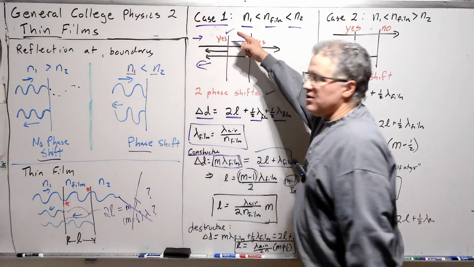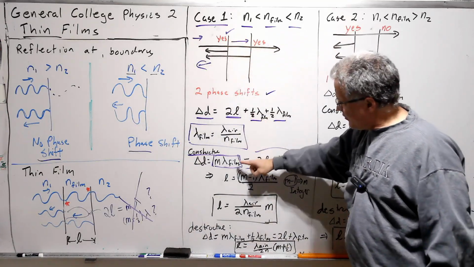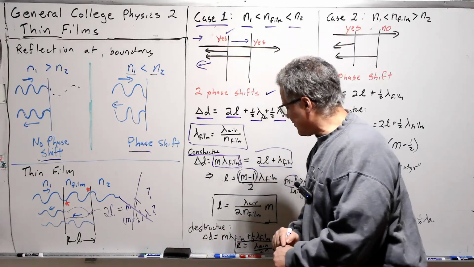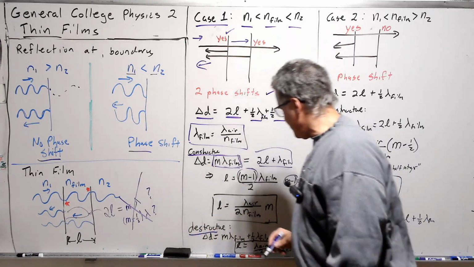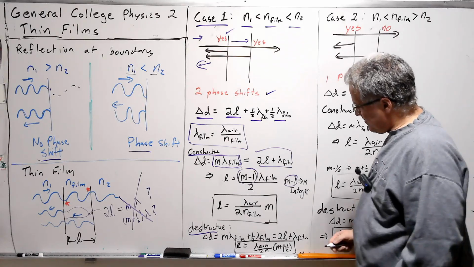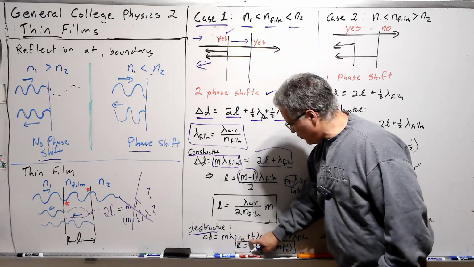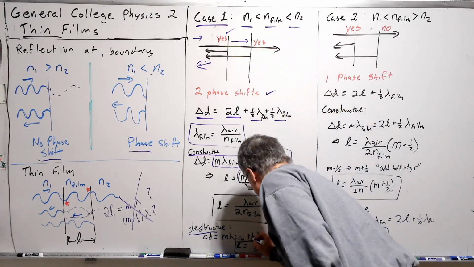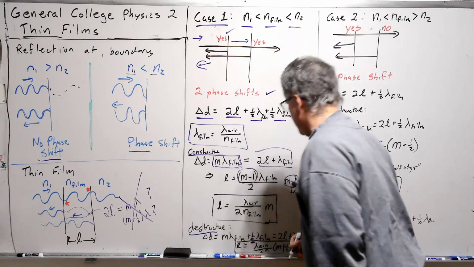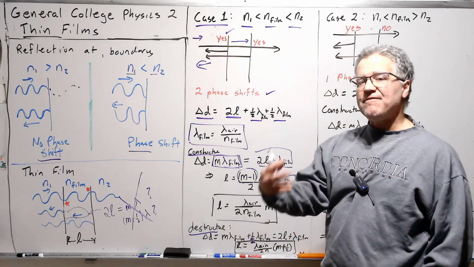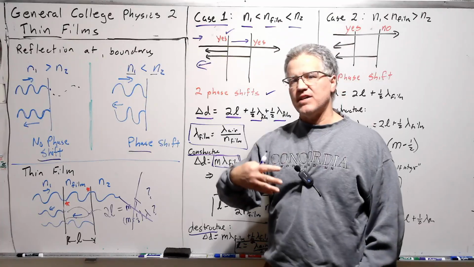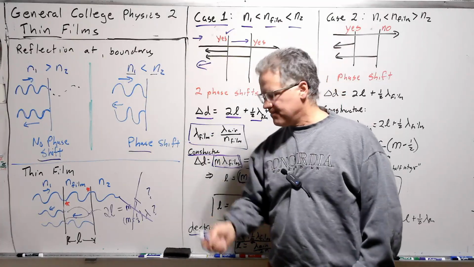Now, if we're trying to build anti-reflective coatings, we would want the opposite case. We would want the destructive case. The only difference here now is we'd have m times this plus 1/2. This is 1/2 here, times the wavelength. We need to be a half integer of a wavelength extra.